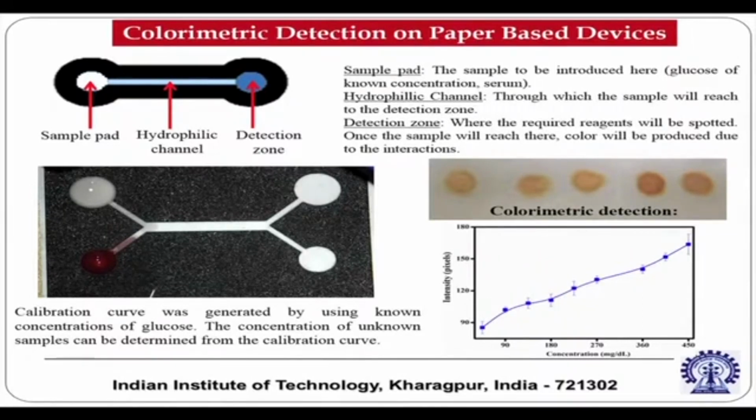Once the sample reaches there, color will be produced due to the interactions, and the intensity of the pixel is characterized as a function of the concentration of glucose in the blood sample, so you can use this as a colorimetric detection platform. One of course has to have a calibration, the intensity as a function of concentration, and one can use this calibration curve shown here for testing the blood glucose level of various blood samples.